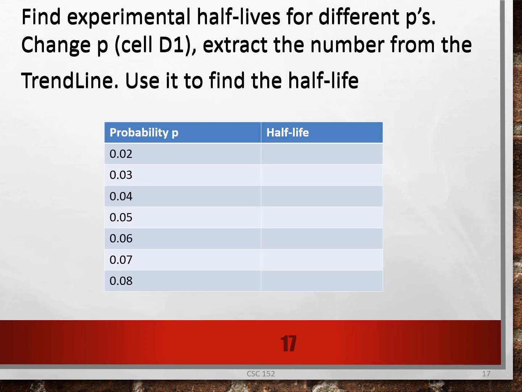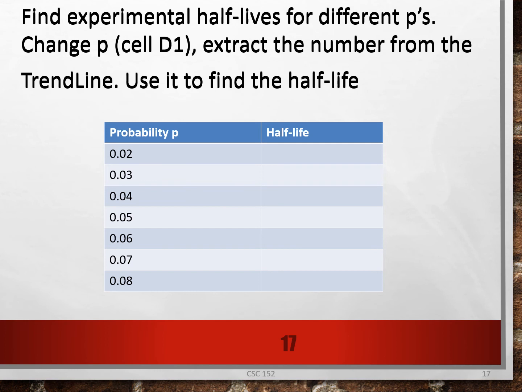Now what we'd like to do with our simulation is to vary that probability parameter that we had in cell D1 and extract the half-life for each of these different p's. So again, you change the p, you get a fit in Excel, you extract that number from the fit, and then from that number you can extract the half-life.